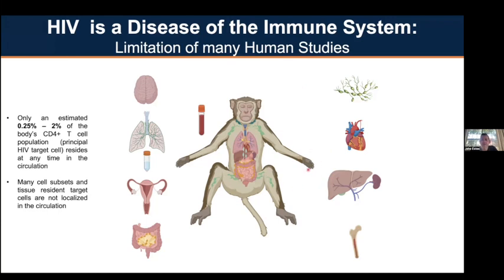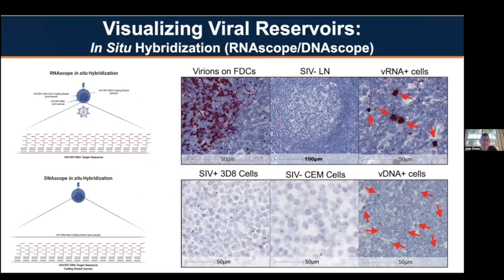We collected all of the major organ systems from these hosts and weighed them so that we understood the mass of these organs. Then we utilized tools to identify these viral reservoirs within these tissue compartments. We've spent many years developing tools to very sensitively detect these viral reservoirs.